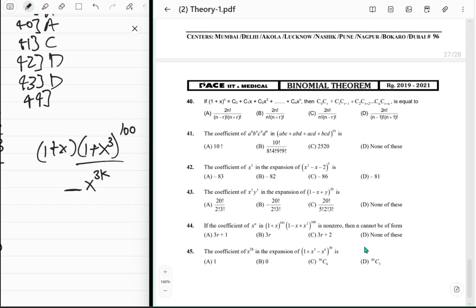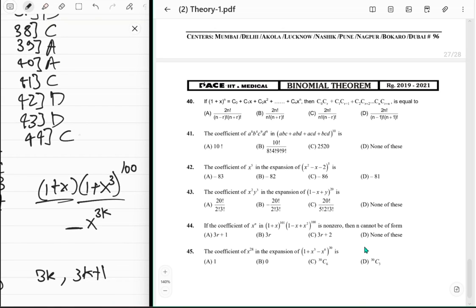That's it, right? And then 1 plus x over here. So this will only have 3k and 3k plus 1 powers in its expansion, right? When you multiply by 1 plus x, that's going to be the thing. So n cannot be of the form 3r plus 2 where r is an integer. So C is the way to go.